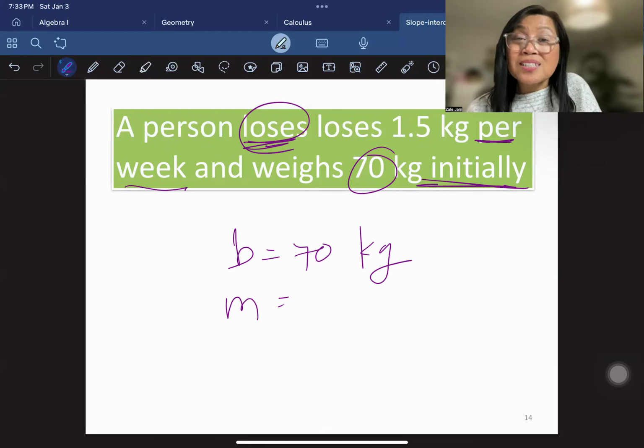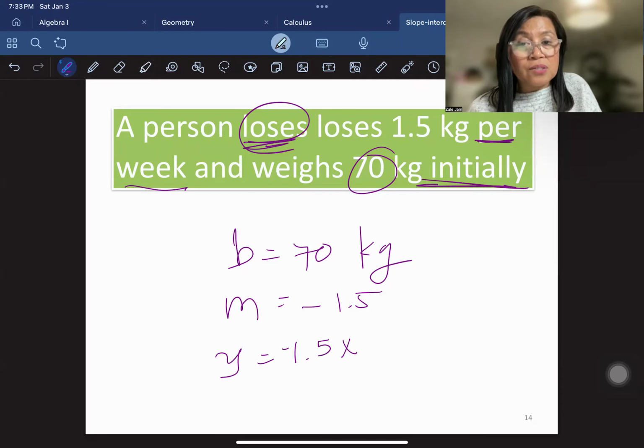And since it loses weight, we have a negative slope. So negative 1.5. Therefore, our y is negative 1.5x plus 70, where x is the number of weeks.